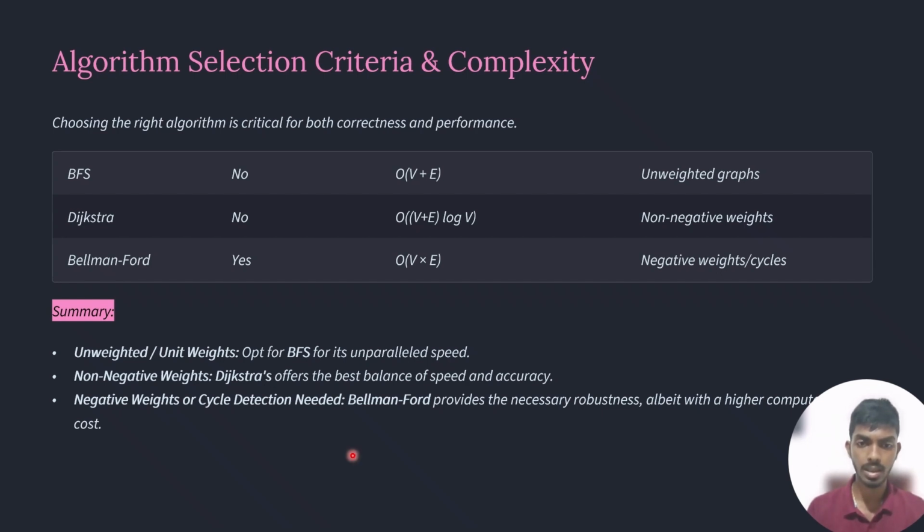That is good for negative weights and cycles. Now look at the complexities. BFS wins on speed, Bellman-Ford on generality. In practice, for most real graphs like roads, we use Dijkstra and A-star.